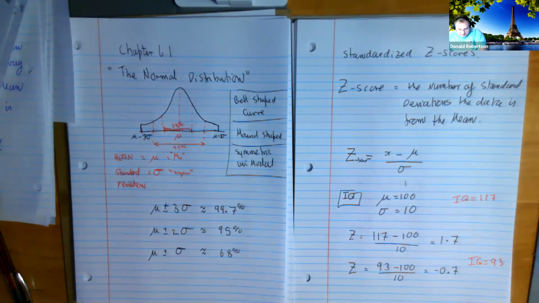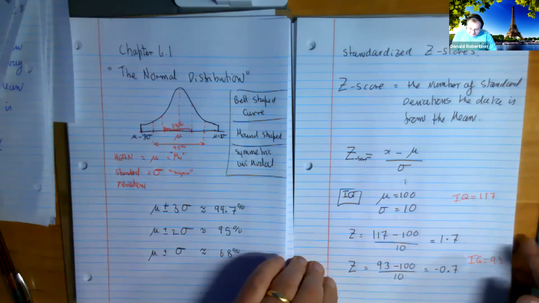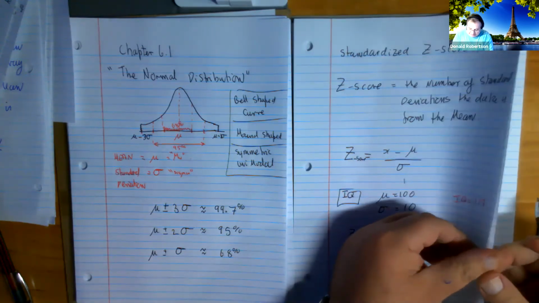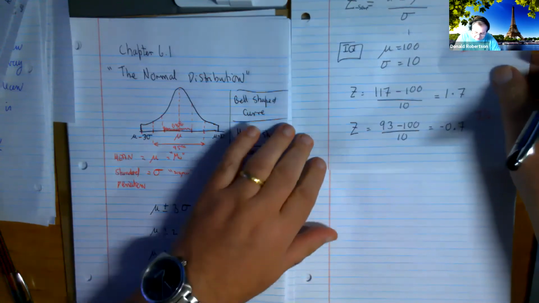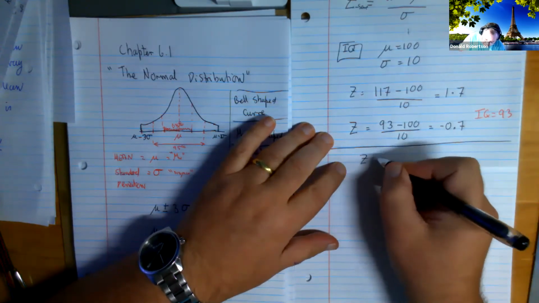So a z-score is a way of calculating how far away from the mean in terms of standard deviations any particular piece of data happens to be. If I gave you a couple of z-scores, you should be able to tell a little bit about what the original data looked like.